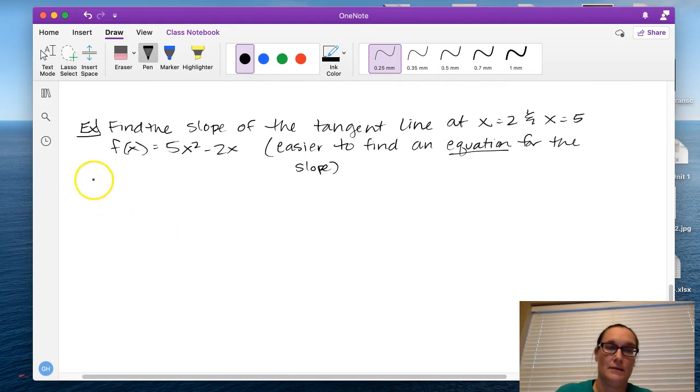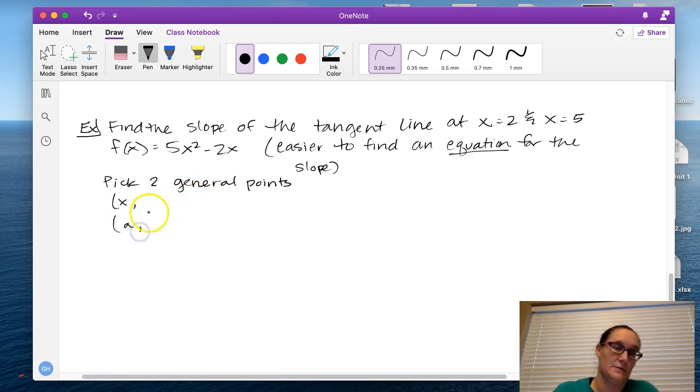Okay, so if we want to find an equation for the slope, rather than doing two separate limits, doing a limit every time we want to find the slope of the tangent line at a different point, we're going to need to pick two general points. I'm going to pick x and a for the other one.